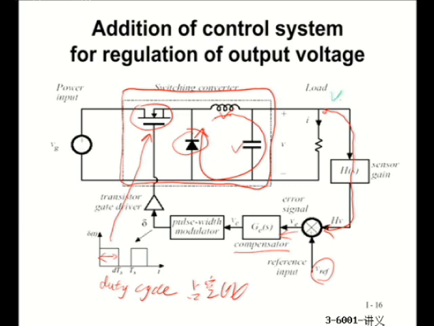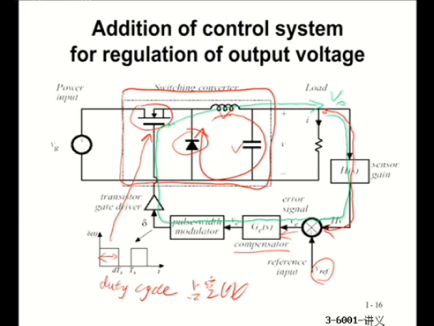Measure voltage VO, after comparing with reference, that's going to be controlling the MOSFET, and then affecting the output voltage, forming a closed loop.